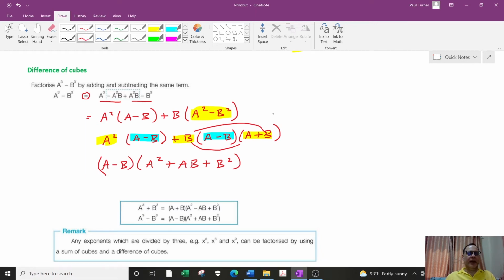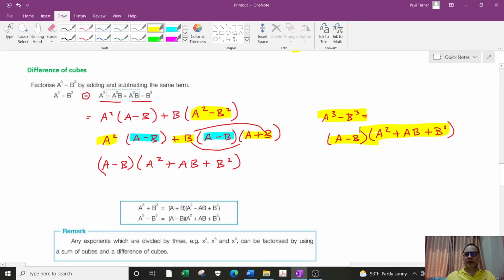So we can conclude that a cubed minus b cubed is a minus b times a squared plus ab plus b squared. And that's our final factorization there. You should note normally this bit here cannot be factorized again. So usually the second term can't be factorized further in either the difference or sum of cubes.